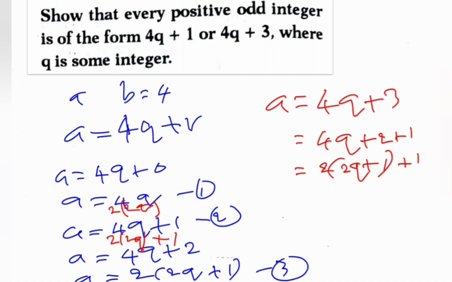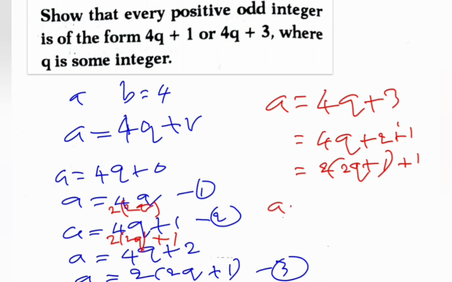So observe this: 4q, 4q plus 1, 4q plus 2, 4q plus 3, where q is a coefficient. However, since a is odd, a cannot be 4q.